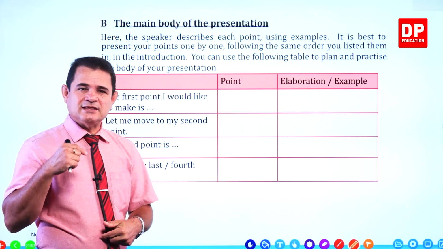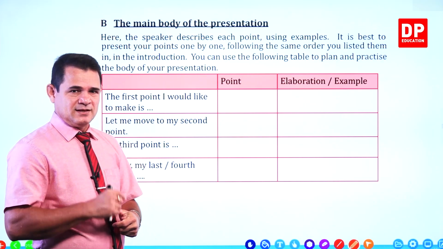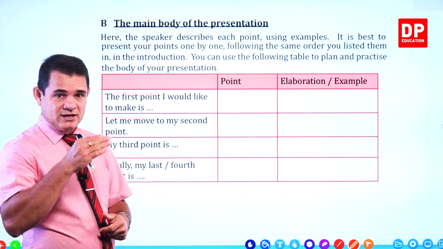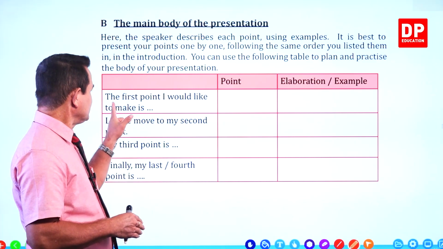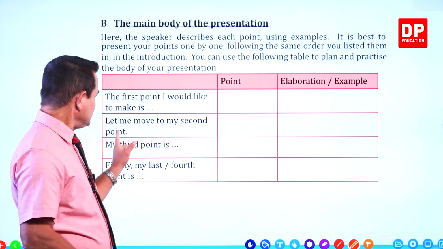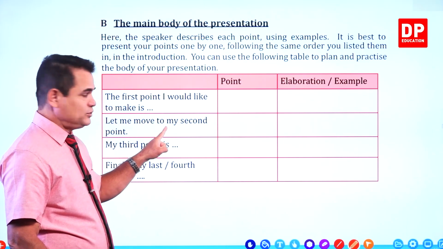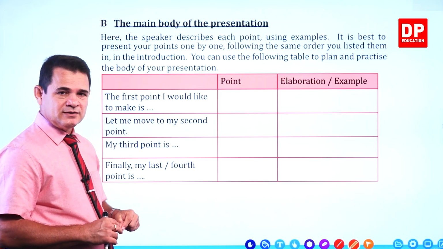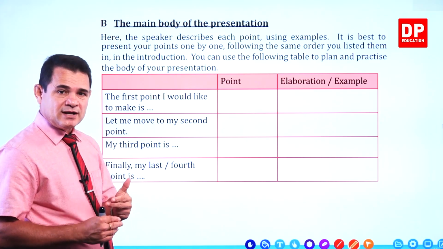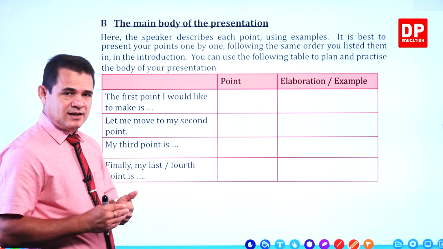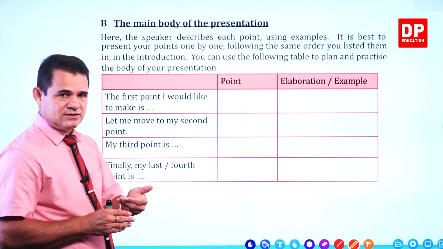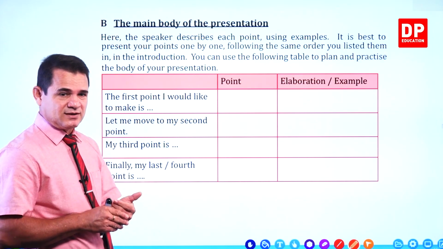Point by point, in order. When you say let me move to my second point, the listener can understand that now she or he is moving to the next point.